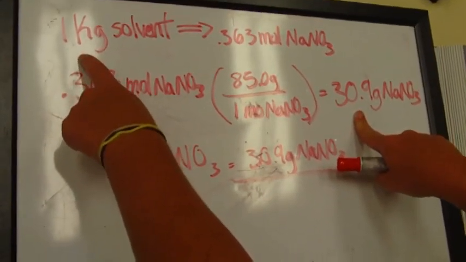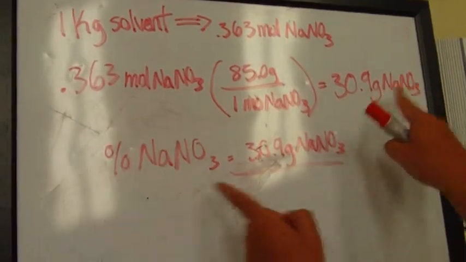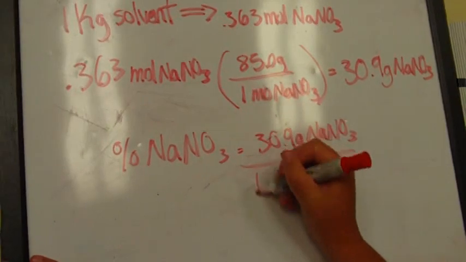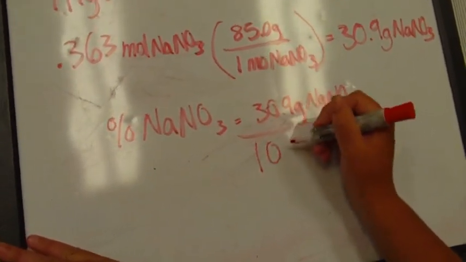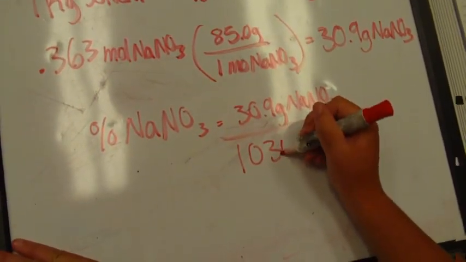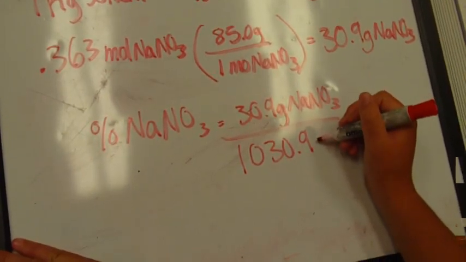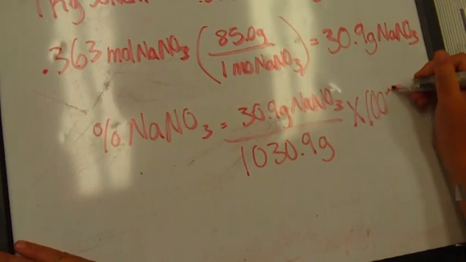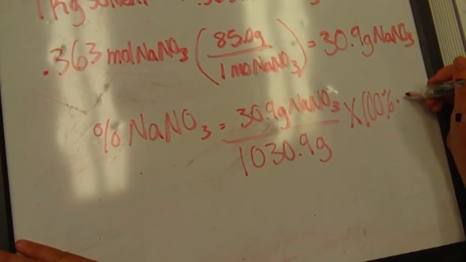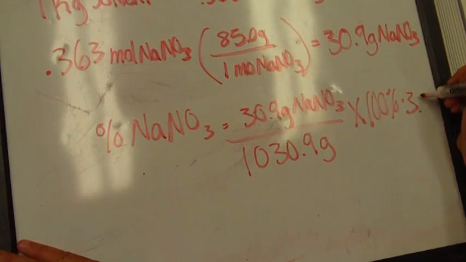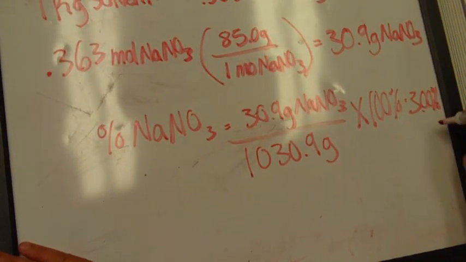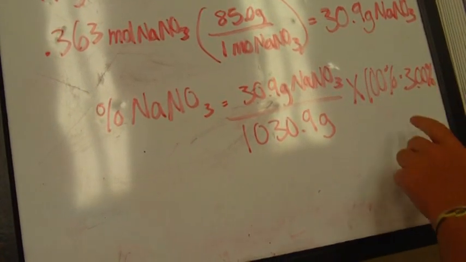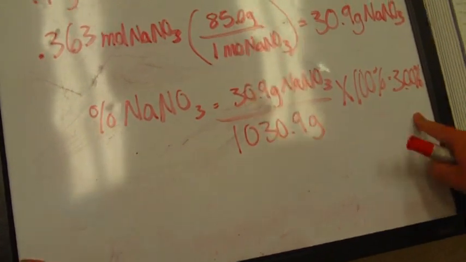We know that 1 kilogram is equal to 1,000 grams. So when we add 30.9 plus 1,000, we get 1,030.9 grams. Alright, so we're just going to multiply that times 100%, and we get 3% for the mass percent of the sodium nitrate.